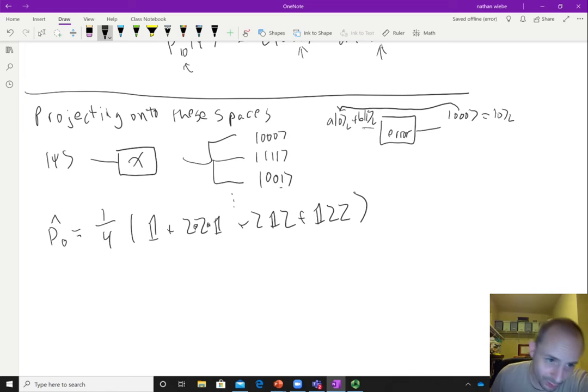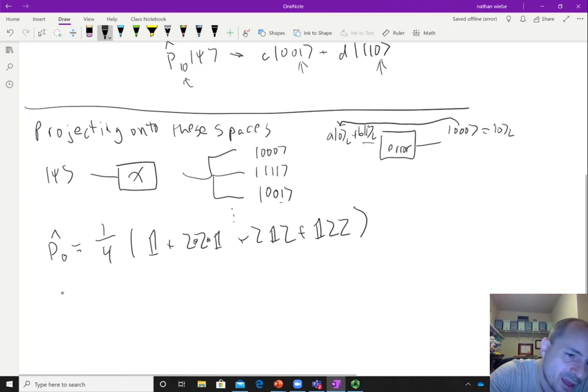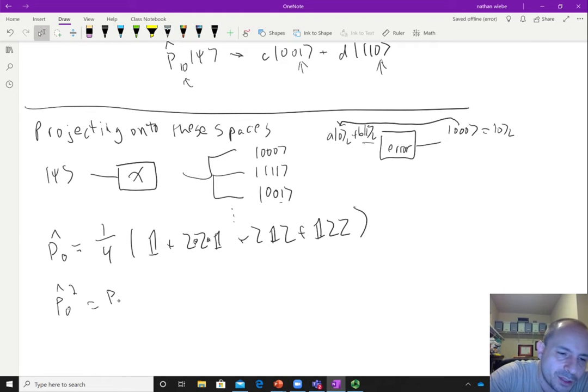The next thing that's worth noting is that for every projection operator, we end up having P0 squared equals P0. Now you can go through and verify this, but this is actually kind of obvious geometrically.